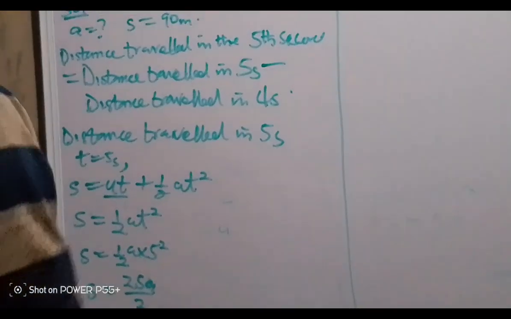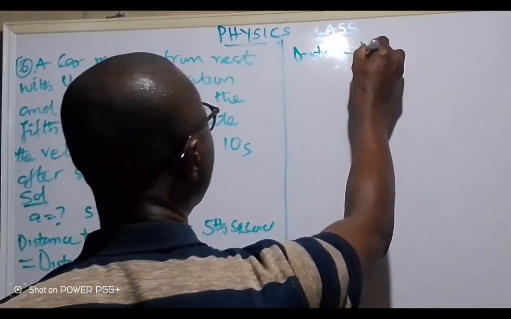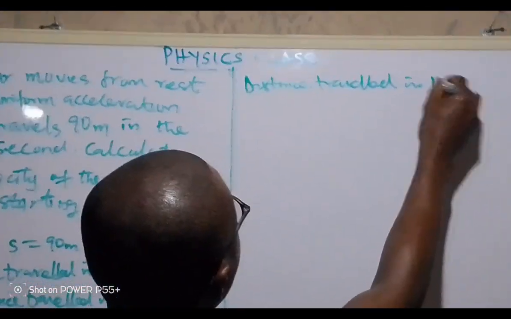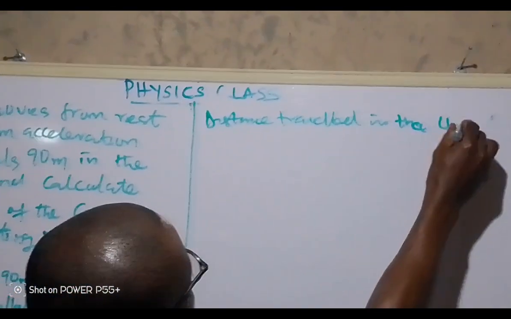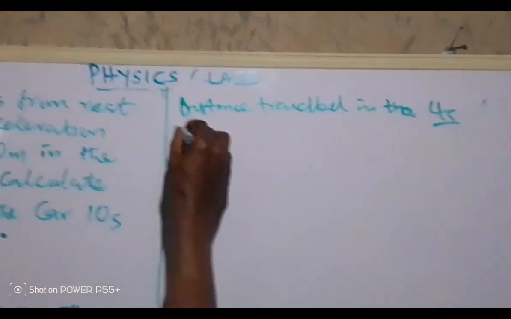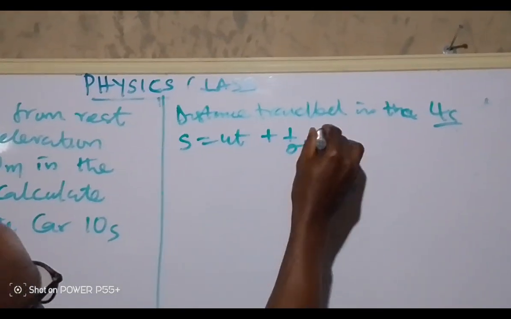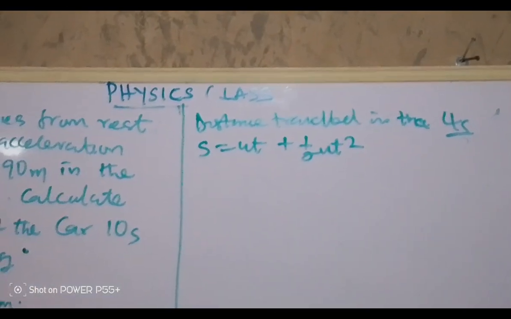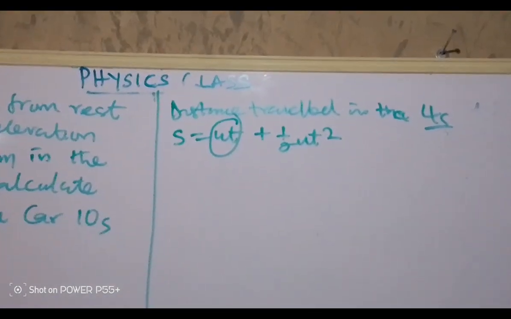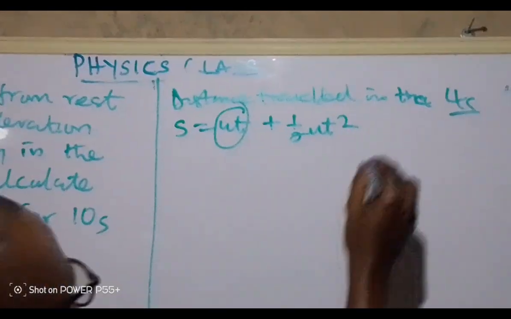The next one, distance traveled in the 4 seconds. Using the same formula, s is equal to ut plus half at squared. Now, don't forget, u is equal to 0. This term will be equal to 0. So the body starts from rest, so u will be equal to 0.